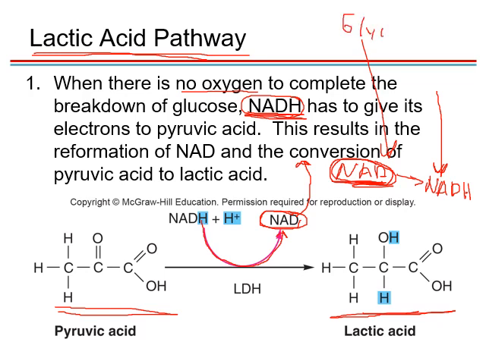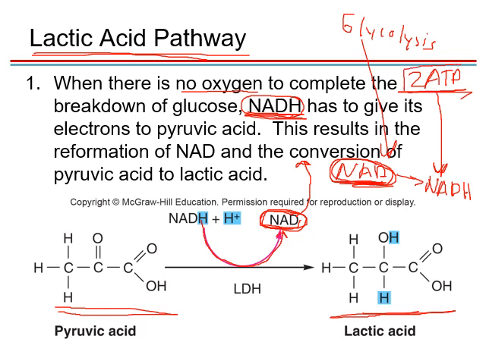It gives us a way to run glycolysis another time, and that'll yield us 2 more ATP, through glycolysis, not through this pathway. What this pathway is doing is oxidizing the NADH, so we have NAD available for glycolysis.